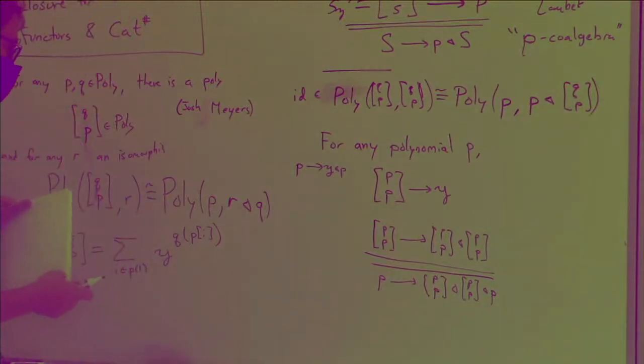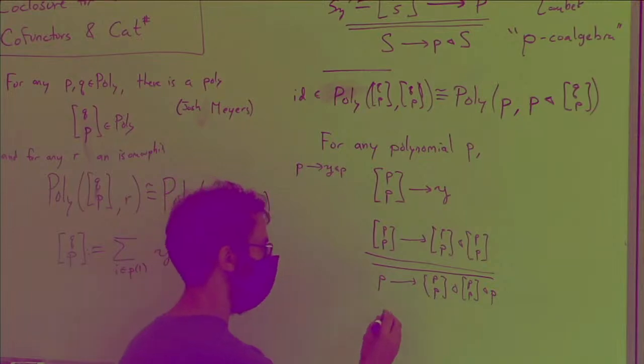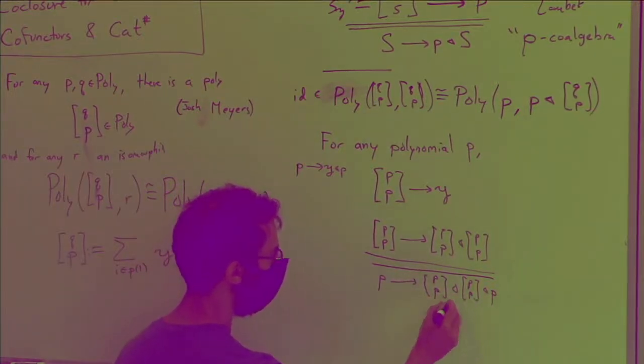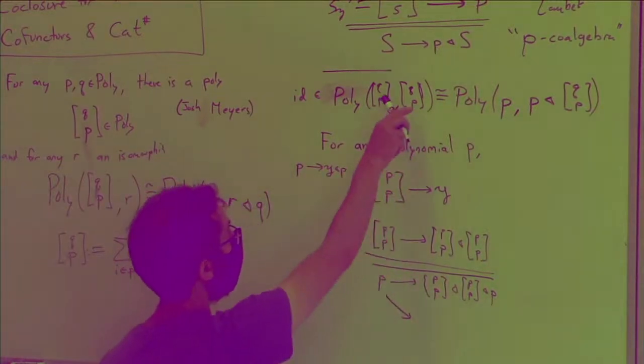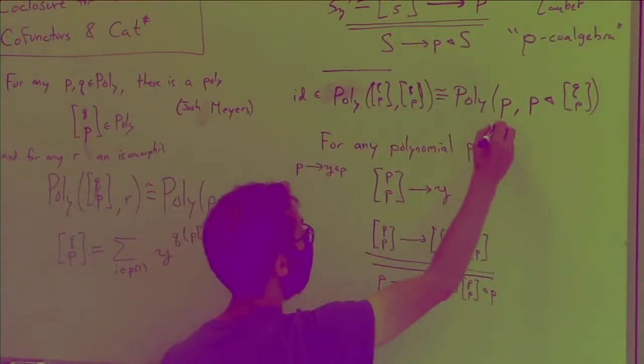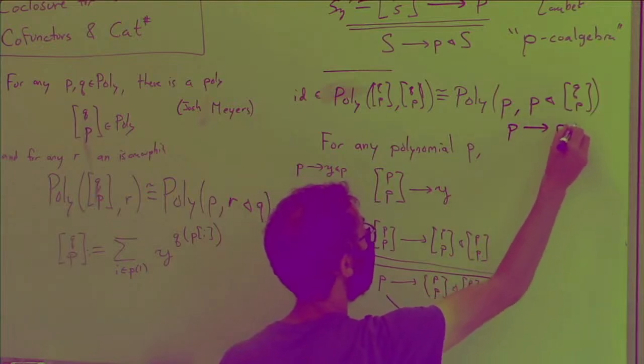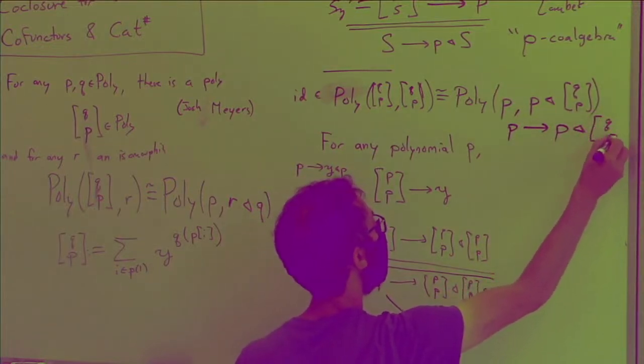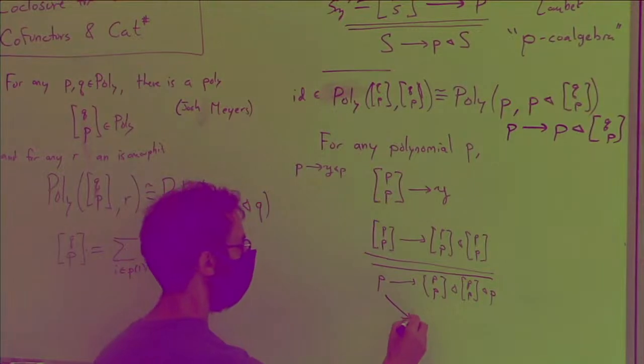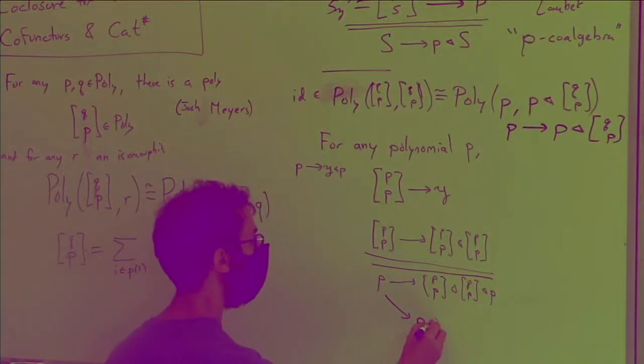Maybe I will, or maybe I won't do it in a second. So if I had one of these, that would be enough, but I do because of this trick I had over there. My identity here gives me a special map from P to P composed QP for any P and Q. So I get a special map from P to P composed PP.